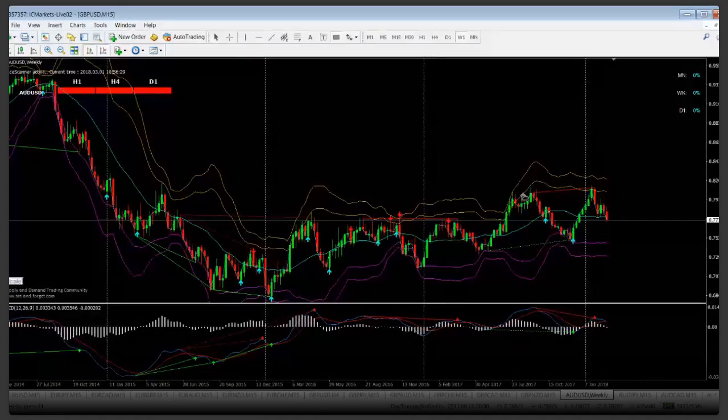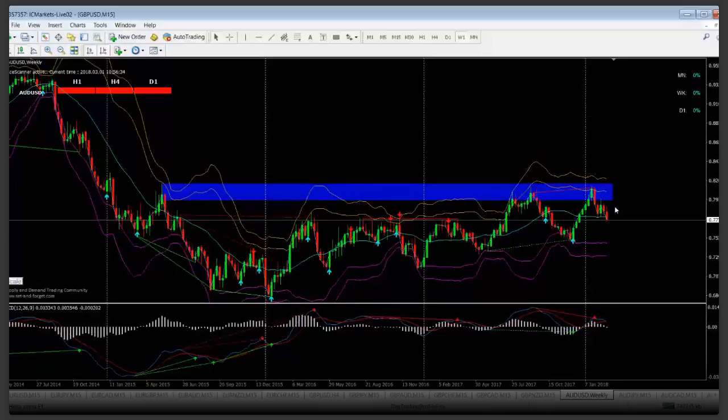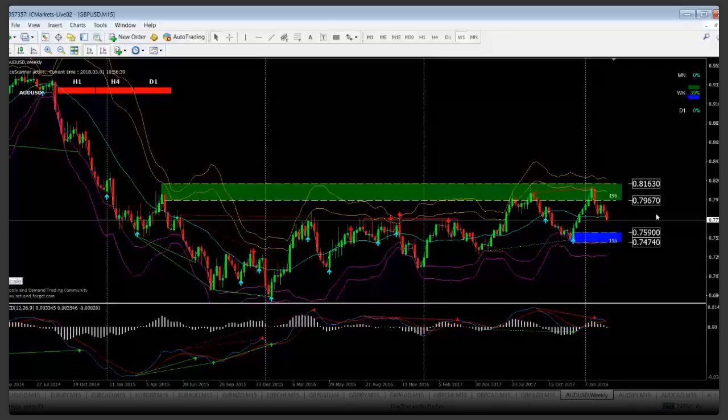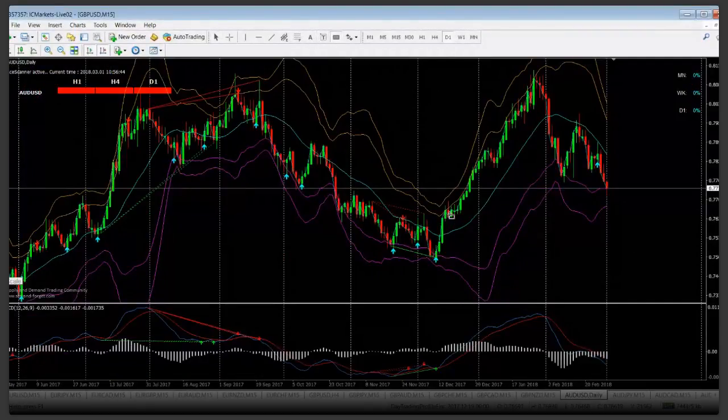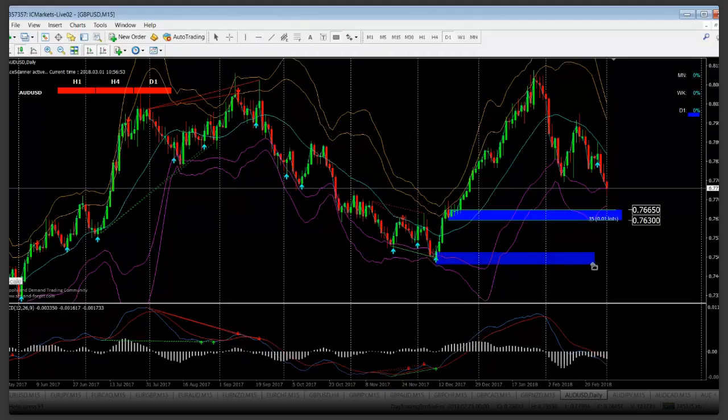See, price again failed to break out of this area here on the weekly, and heading back down towards the 75 area. There's nothing really stopping that coming down towards here, 176,650, or even further down towards 75.